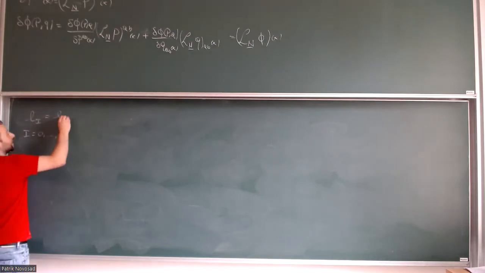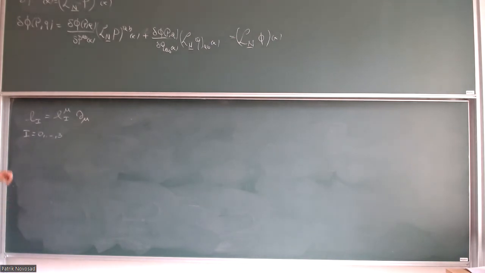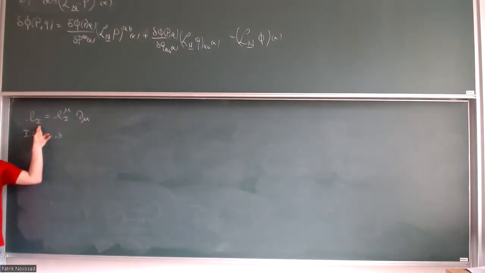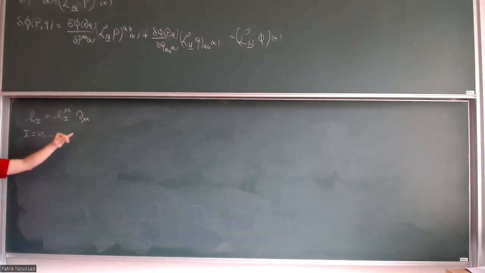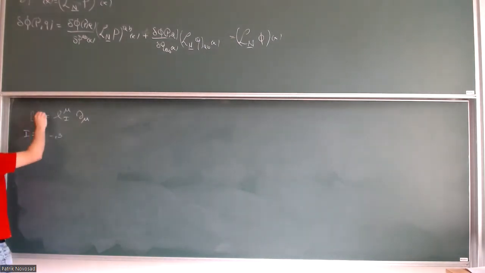The tensor can be written like this, and it means that for a fixed I, also called the internal index or Lorentz index, it is a vector field spanning the tangent space of the space-time at a point x.